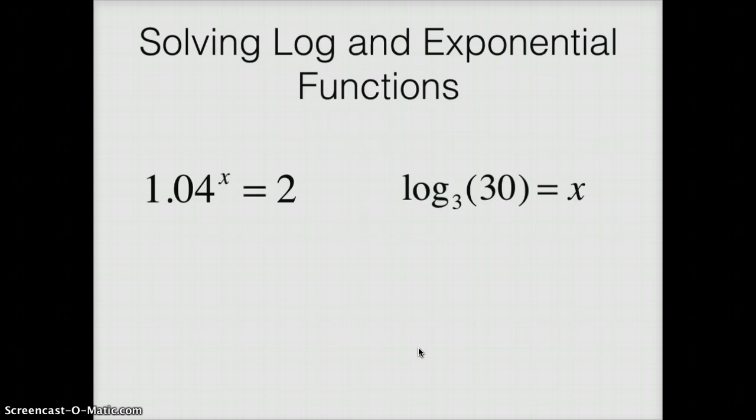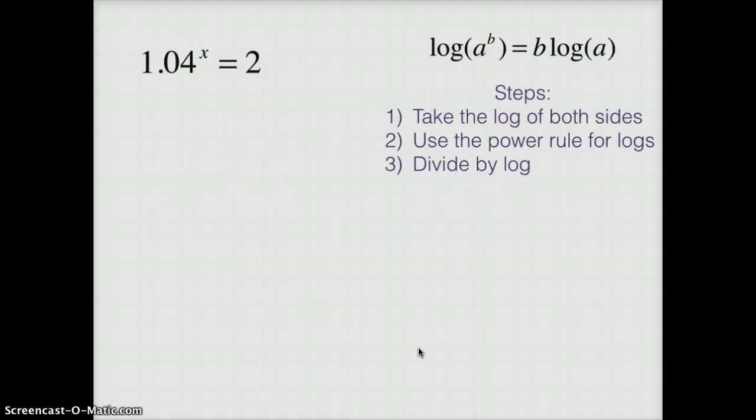These were the following problems you were supposed to solve in the investigation. 1.04 raised to the x equals 2, and log base 3 of 30 equals x. For 1.04 to the x equals 2, we can use this power rule to help us solve for x. We're going to take the log of both sides.